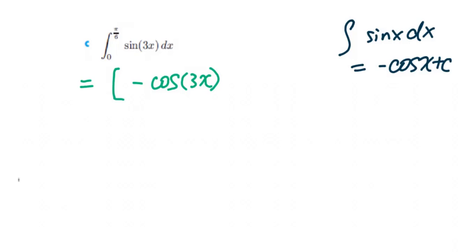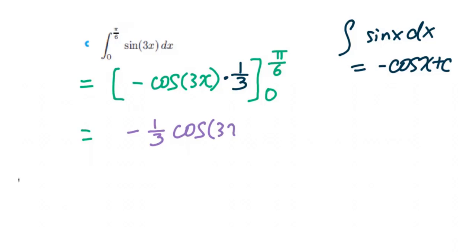Do not forget 1 over a will be 1 over 3. Then bracket from 0 to pi over 6. Therefore, we organize inside: negative 1 over 3 cosine 3x, bracket from 0 to pi over 6.